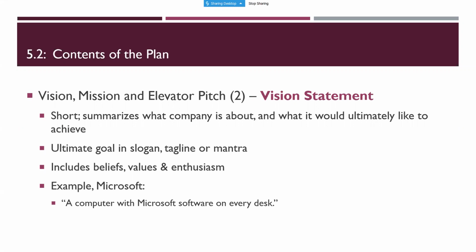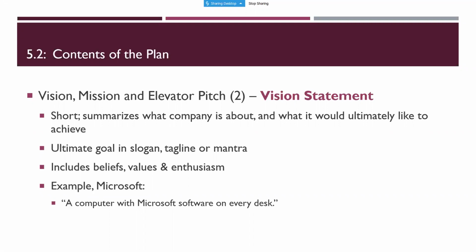And their vision statement was just very short, very sweet, to the point. Their vision was a computer with Microsoft software on every desk. Bingo. That was it. That was pretty bold thinking for back in the late 70s, early 80s, when they were getting started.